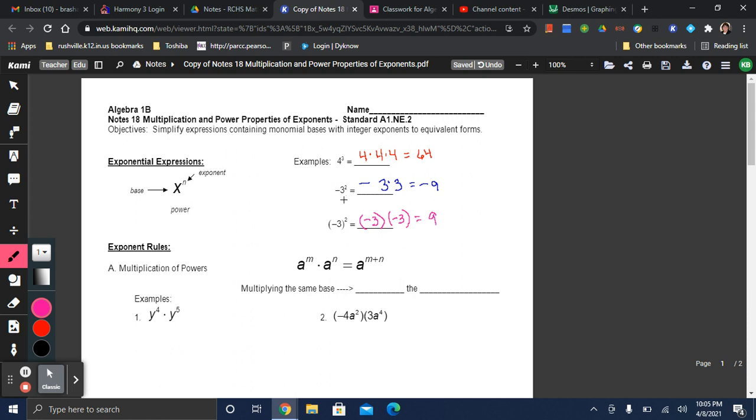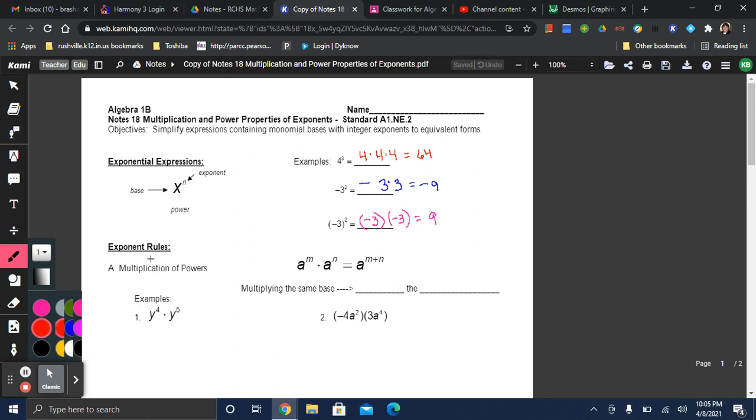So it does make a difference whether or not you use the parentheses. If the parentheses are there, the negative gets multiplied right along with the base. If the parentheses are not there, the negative stays outside and only the base gets multiplied.